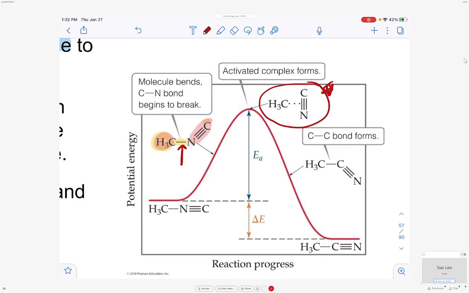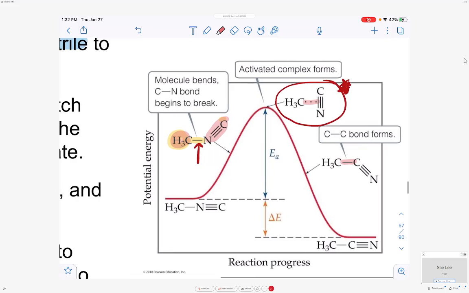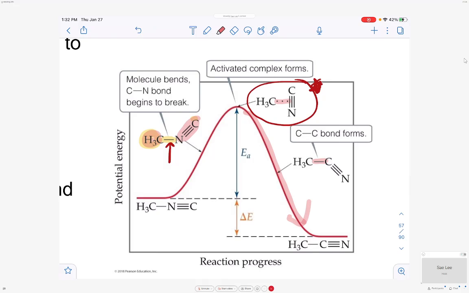Through this orientation, slowly the CC bond is going to be formed, and the energy of the molecule drops down. The barrier to form the final product represents the energy necessary to force the molecule through a relatively unstable intermediate.